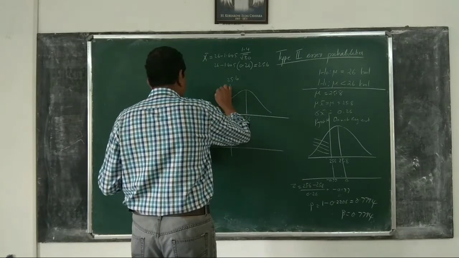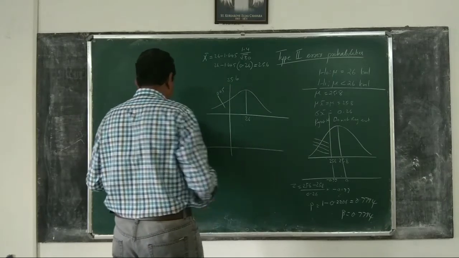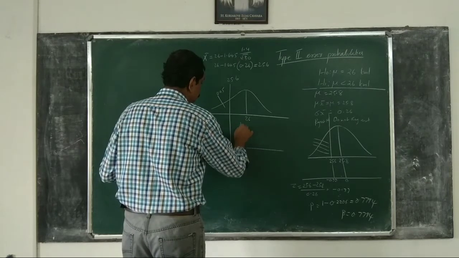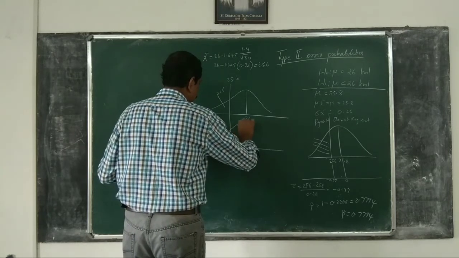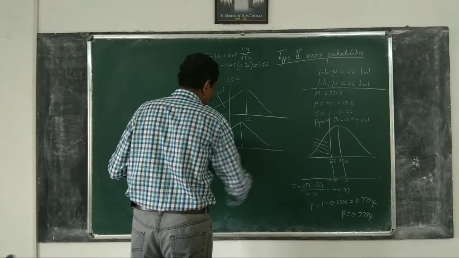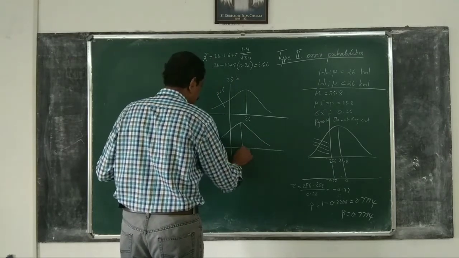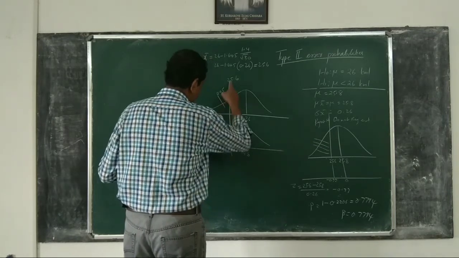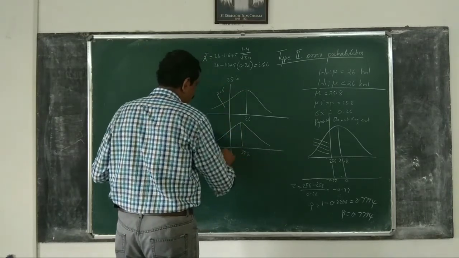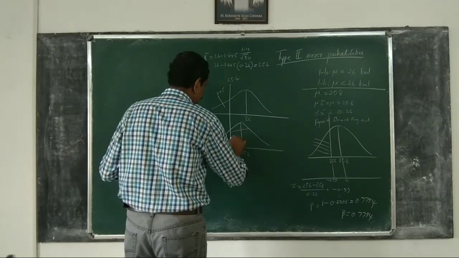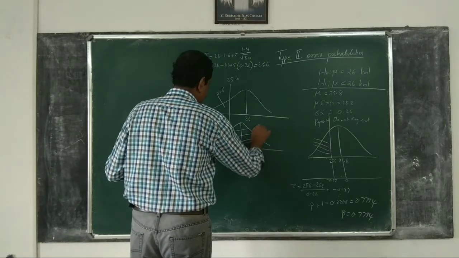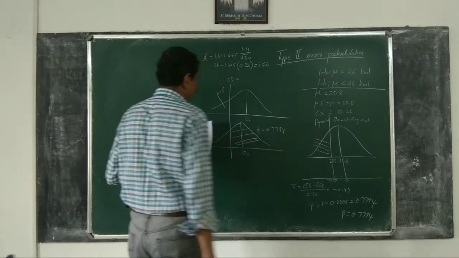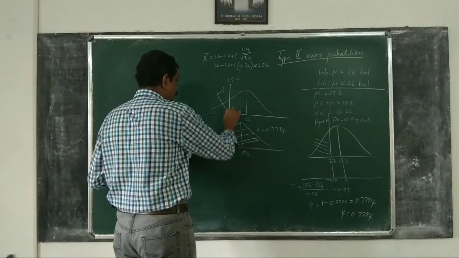This is alpha 0.05. Now, and this is 25.8. As you can see, this is 25.6 and this is beta. Beta is equal to 0.7794.